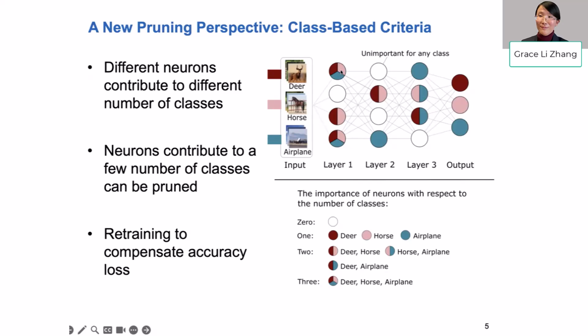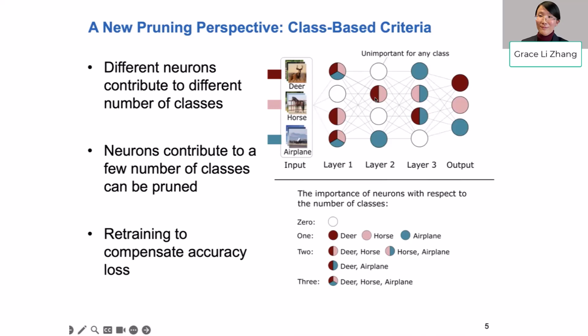For example, this neuron is important for 3 classes. Important means that if you remove this neuron, the accuracy of those 3 classes will be reduced significantly. And this neuron is important for 2 classes, this neuron is important for 1 class, and this neuron is important for no classes.